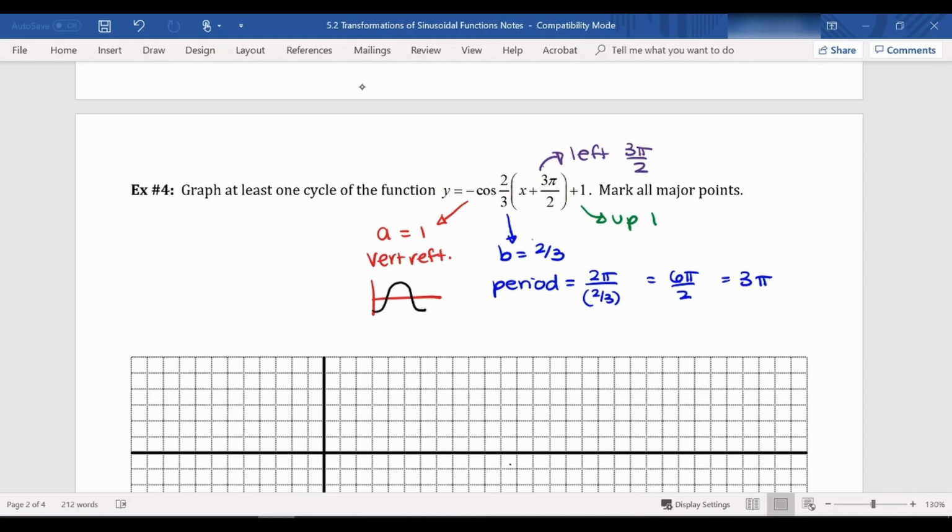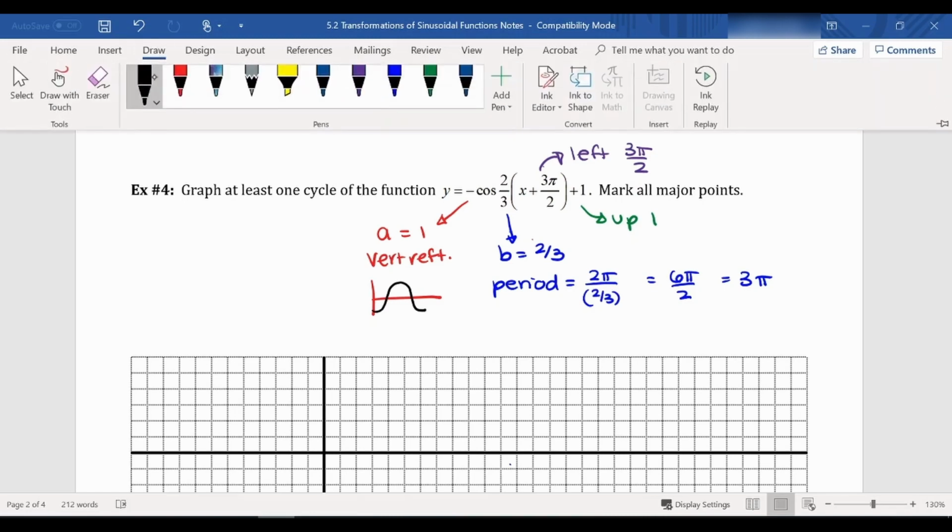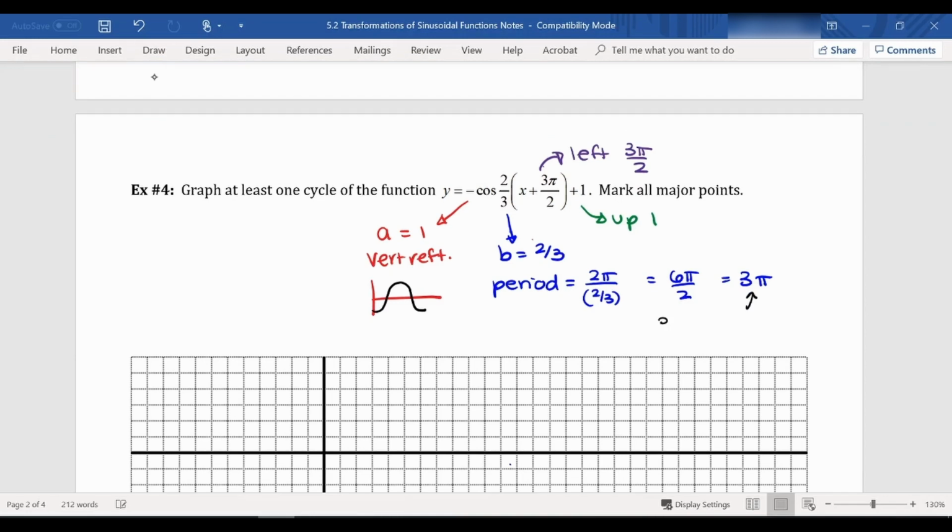So we know that we need 3 pi to be nicely divided by 4. So 3 pi boxes. 3 pi could be worth 4, 8, 12, 16 boxes.